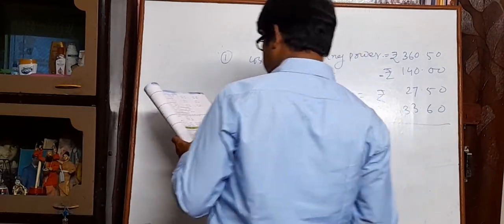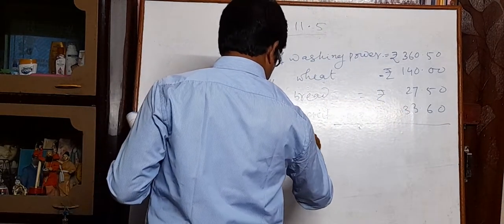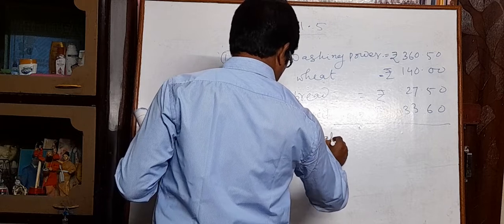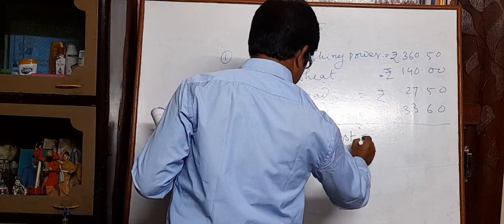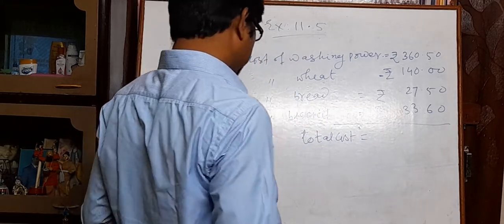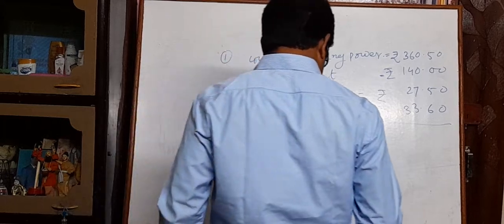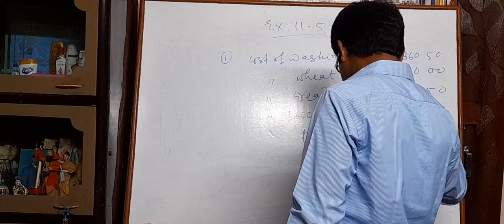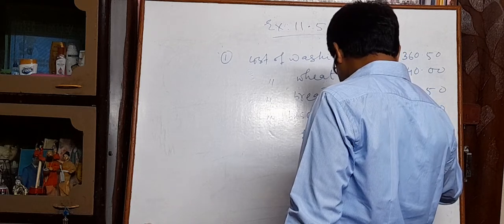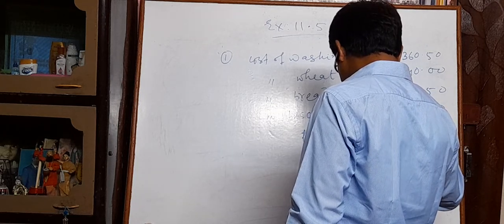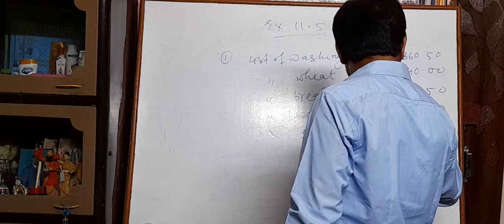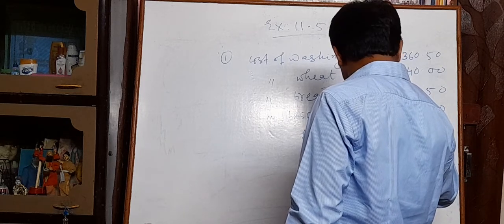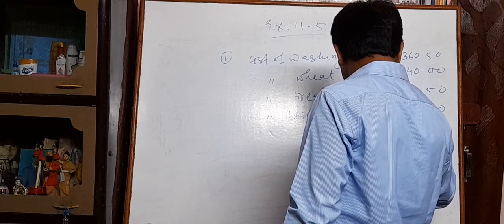Add this together. Total cost. What will be the total cost? Add this together. Here it will be 0, then 6, then give the decimal point, then 1, 6, 5.